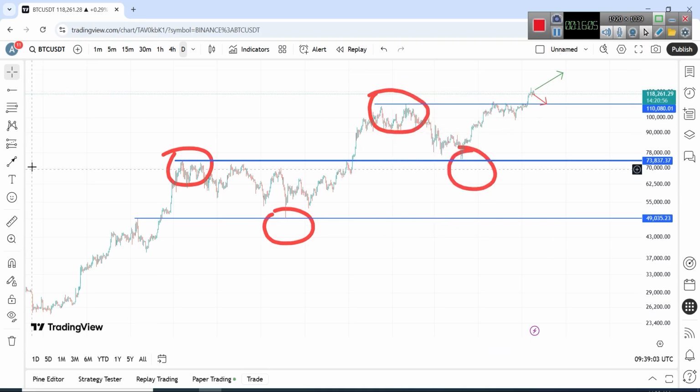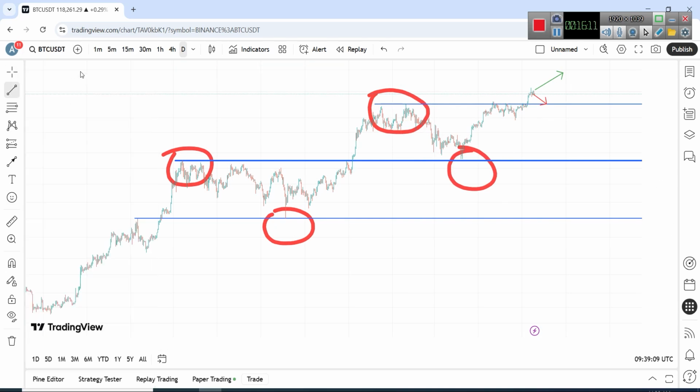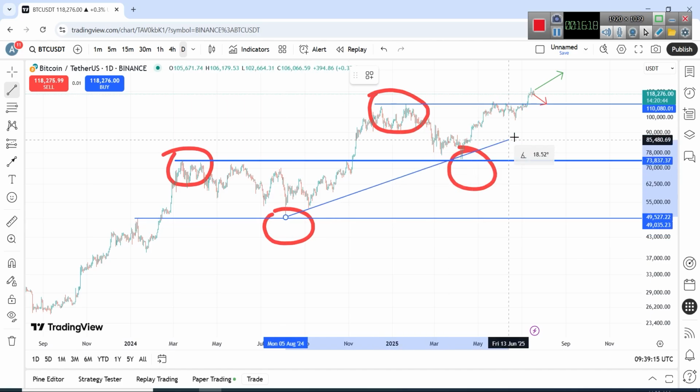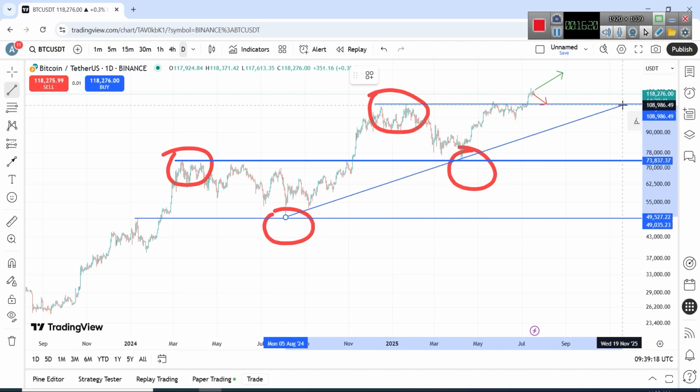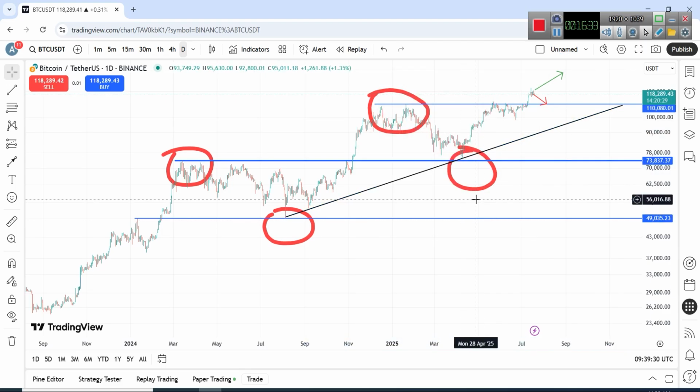Okay, let's find out if we have any trend line. Let's connect our pivots. You see that we have a pivot right there. What color is better for this one? Black is good.